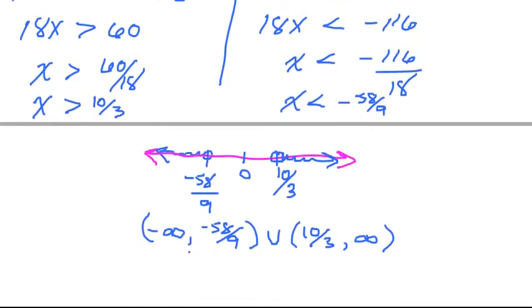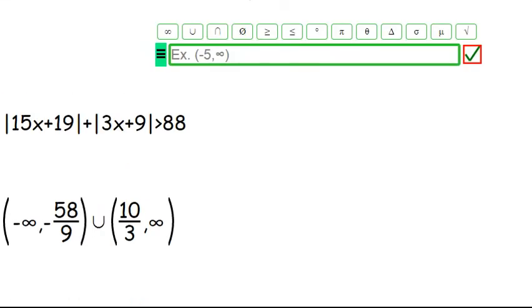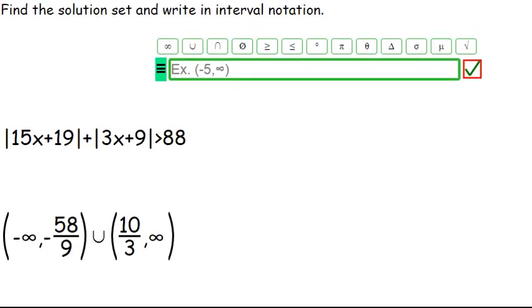Okay. What are we doing now? Oh, we're going to check, see if the script is all good. Negative 58 over 9. I always hold my breath on this part. It's 10 thirds. It's like, oh my God. I did find a mistake in an earlier one because I had a while statement.